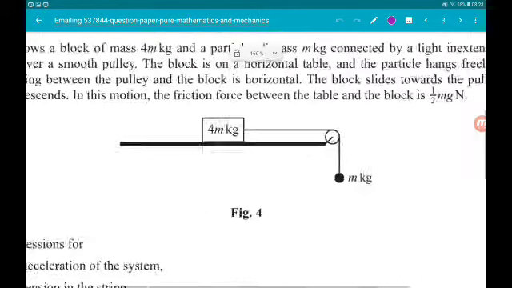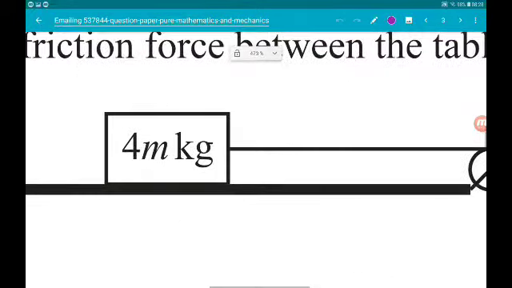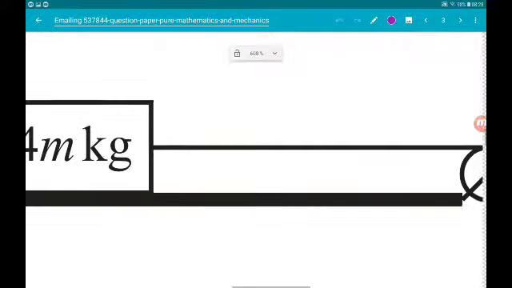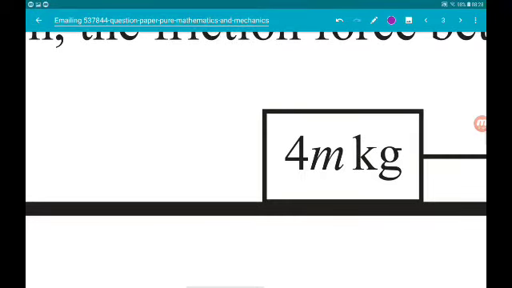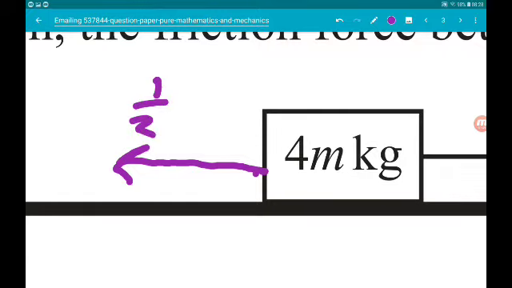So, first of all, let's put in the forces that we know. As far as the block is concerned, we know that tension in the string is moving it to the right. Now we know there is a resistance force, which is the friction of 1/2 mg.